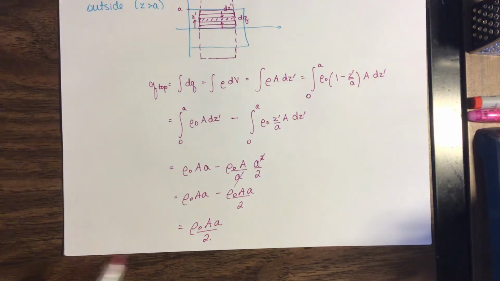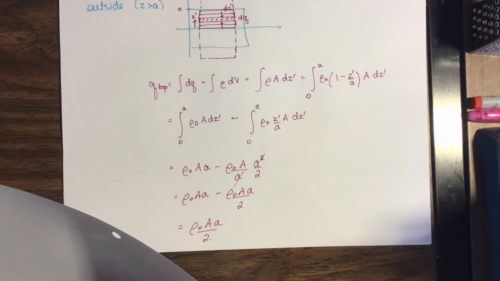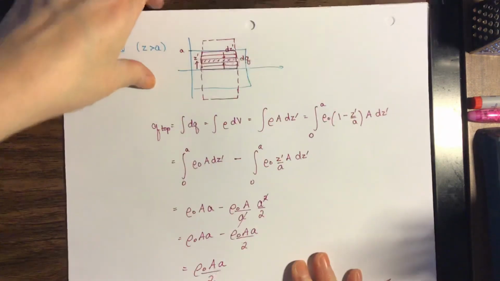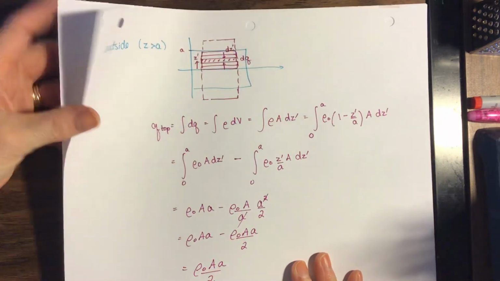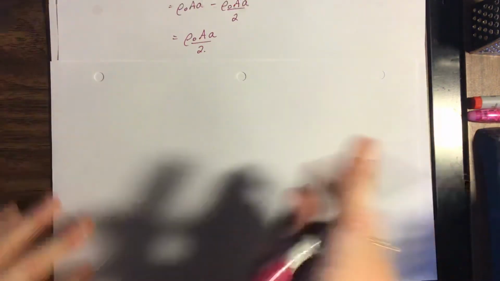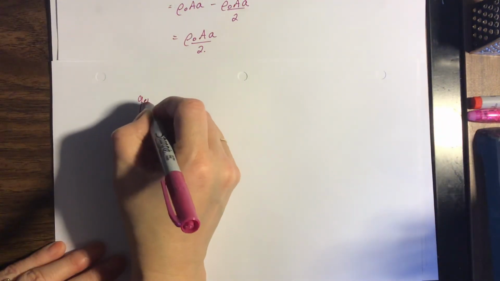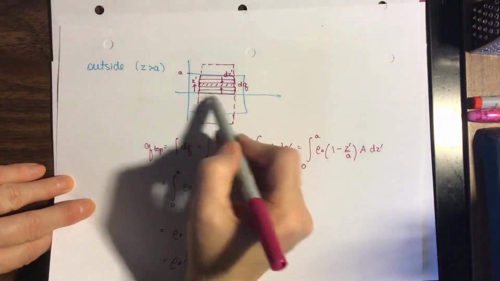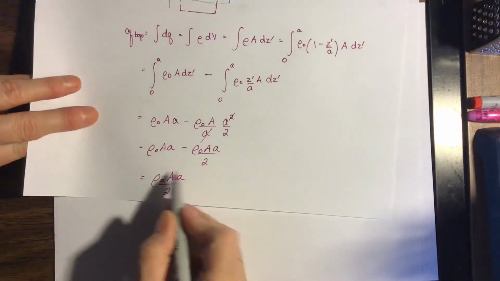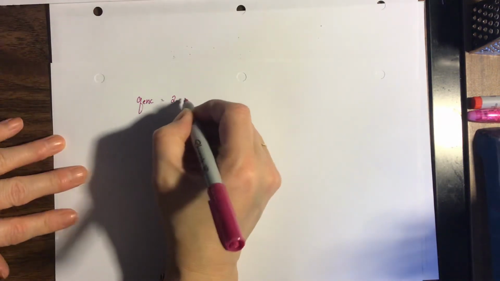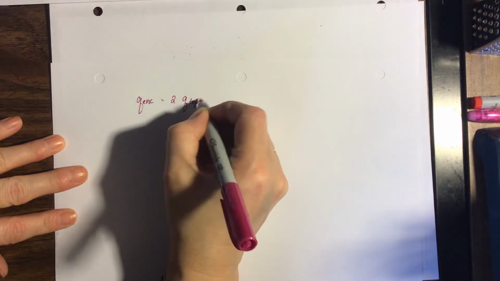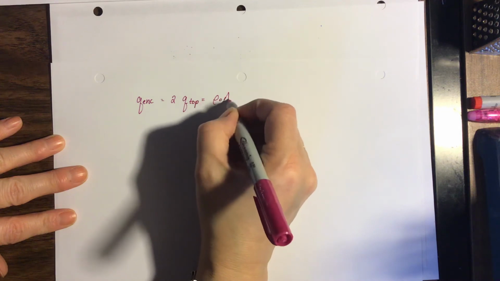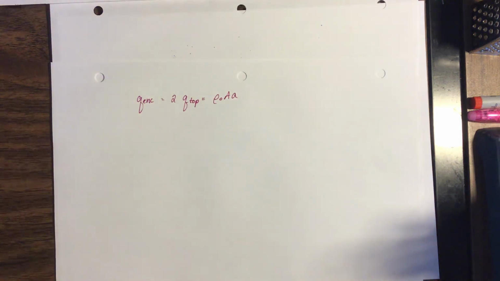Next, we'll find the net charge enclosed by the Gaussian surface. So Q enclosed is our symbol for the total charge enclosed by the Gaussian surface. It's going to be twice this value, so rho naught A. Now we'll put our Gauss's law back together.